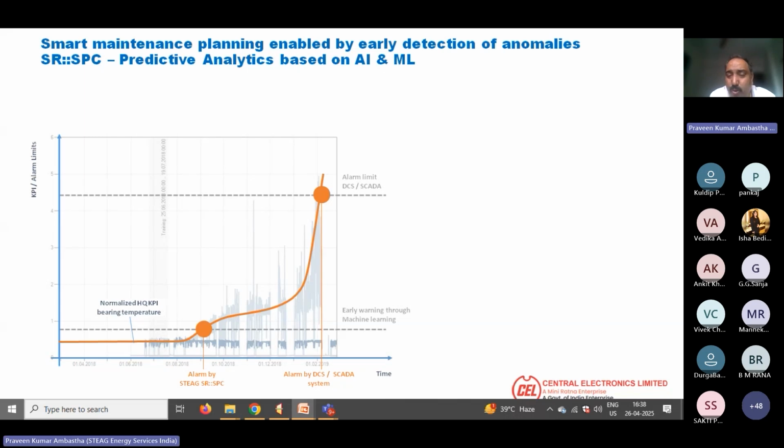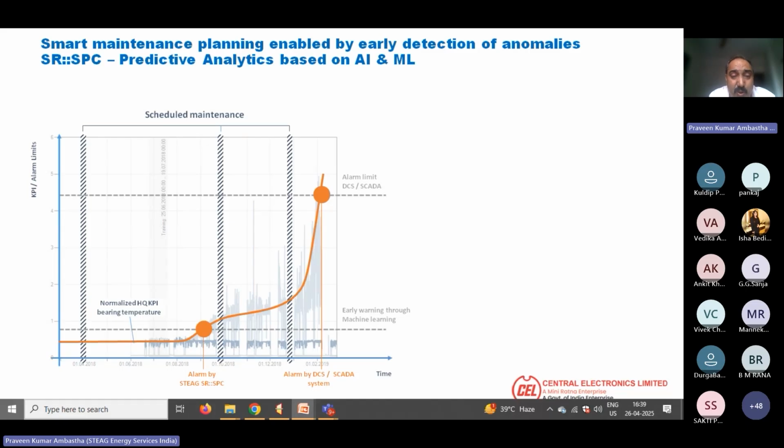On the right dot, you are having the outage, and then of course you will have to do the maintenance job. But if in the beginning you are able to know that the bearing temperature is increasing, then you can have scheduled maintenance during that time.